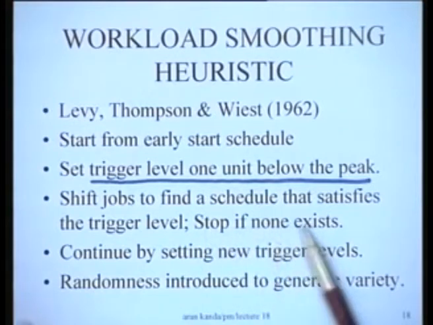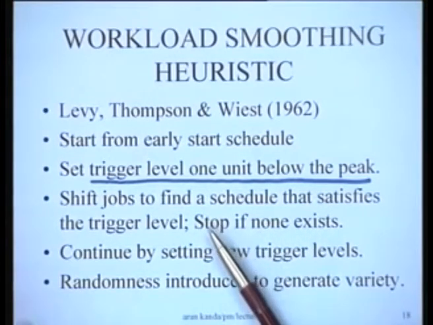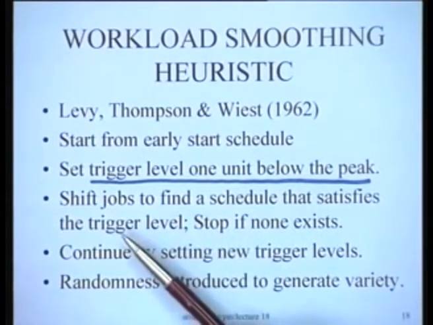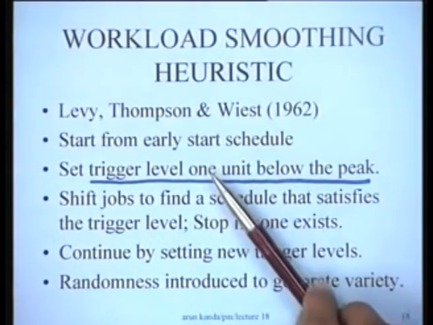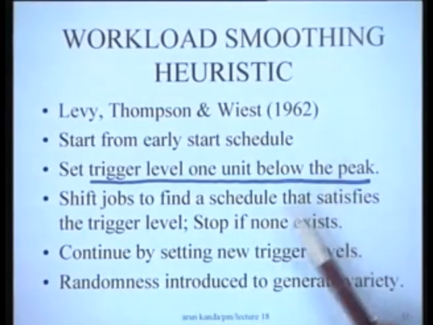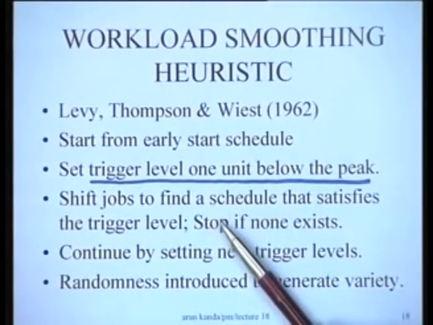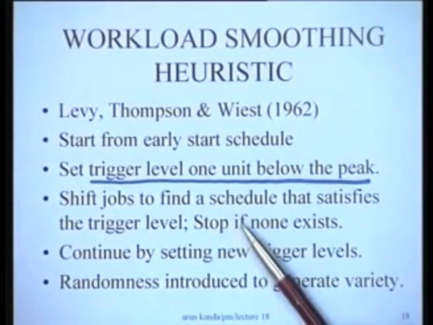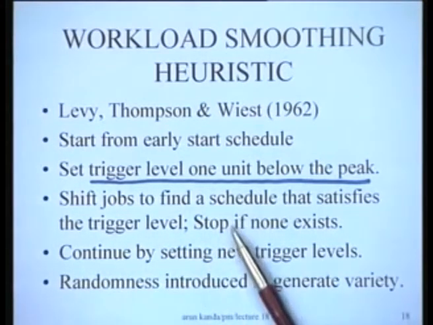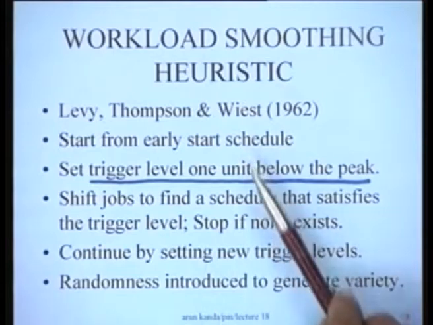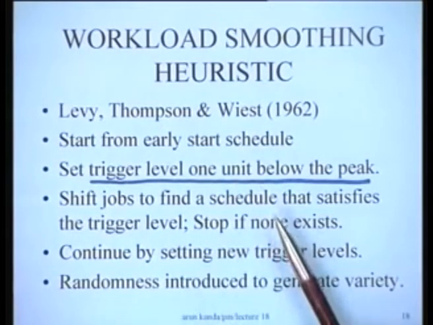If this is not possible, if there is no schedule possible which satisfies this new trigger level, you would stop. That means the one particular schedule that you have is already the best schedule. Otherwise, you continue, and continue means you found a better one here. So you set your new trigger level 1 unit below and continue the process in this particular manner.